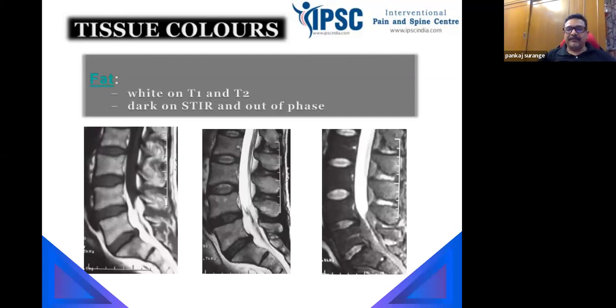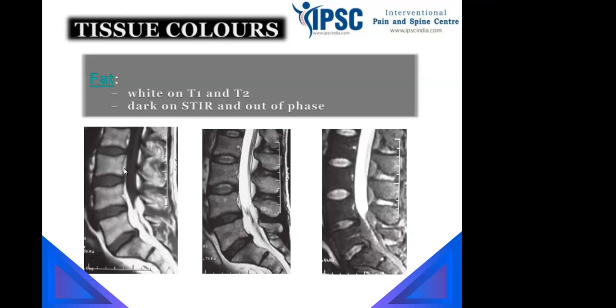Now look at this MRI. These are sagittal sections. What sequence is this? T2, T1.